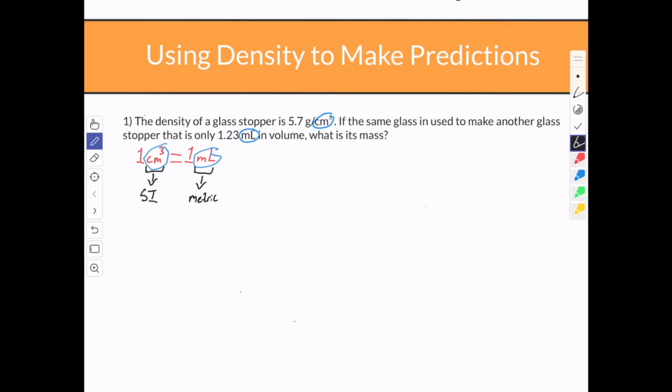It's the same thing as saying that 5.7 grams of our substance equals 1, we could say centimeter cubed, but since we're using milliliters down here, why don't we use milliliters? Equals 1 milliliter of our substance. And what does that look like to you? I hope you say a conversion factor.